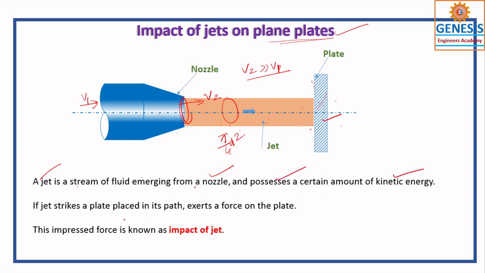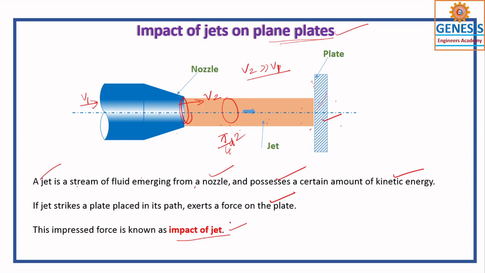If the jet strikes a plate placed in its path, it exerts a force on the plate. This impressed force is known as impact of jet. That is the meaning of impact of jets, right?